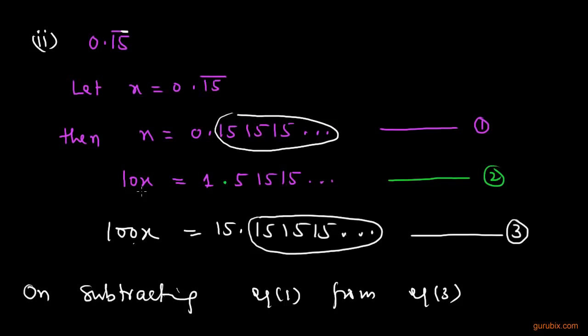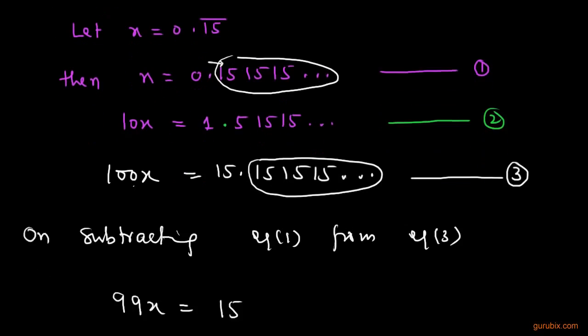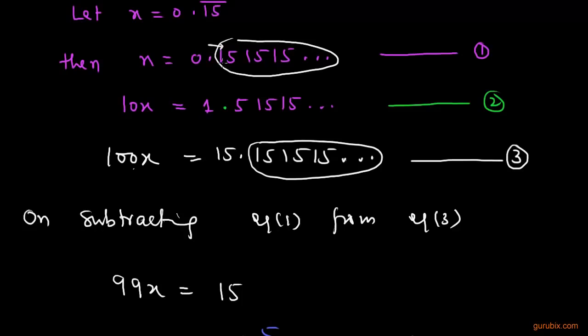We get 10x equals 1.51515 dot dot, because the decimal point moves one place to the right. And what we observe is that the digit just after the decimal point is not the same in these two numbers, so we shall multiply once again by 10 on both sides of equation 2.